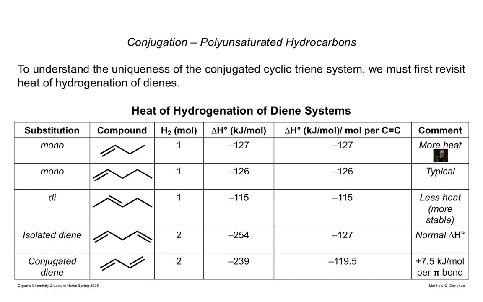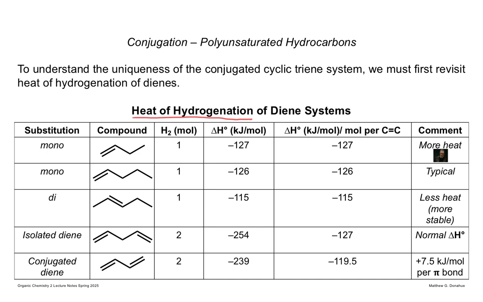And as a backdrop to that, we're going to use the heat of hydrogenation experiment. And again, that was what we first introduced in this lecture, where we're adding hydrogen gas to an alkene, so the electrophilic addition of H2 to a pi bond.